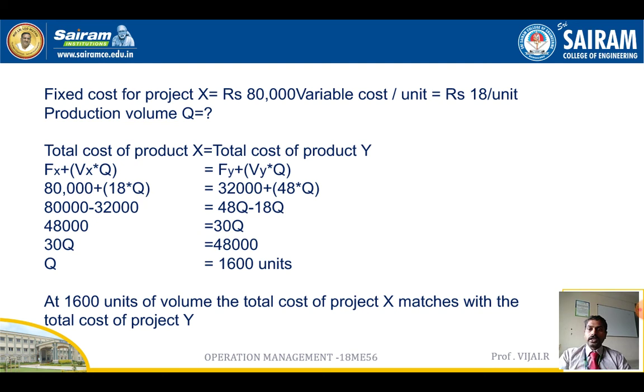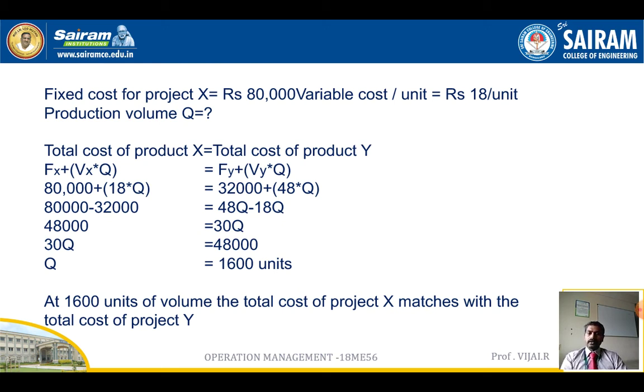That is the thing we are going to check here. The fixed cost for project X is 80,000 and the variable cost is 18 per unit, and the total cost is equal to F of X, the fixed cost for X, plus the variable cost for X into Q. Q is the quantity, and that quantity is what we are going to calculate.